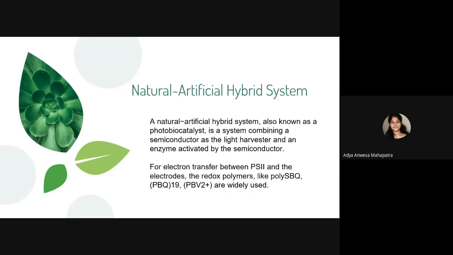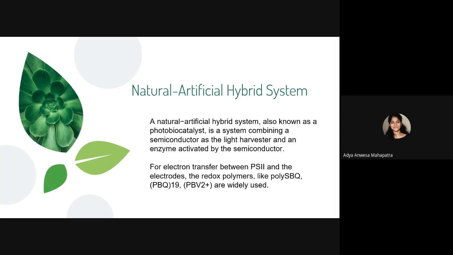Although continuous progress has been made during the past years, the efficiency is still low for natural artificial photosynthesis hybrid systems. This could be because of poor electron transfer from PS2 to artificial components due to some complicated reasons such as slow kinetics, undesirable contact of PS2 with a catalyst, or maybe unmatched potential.